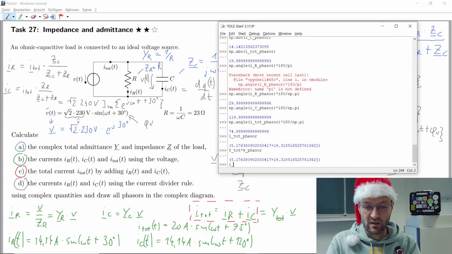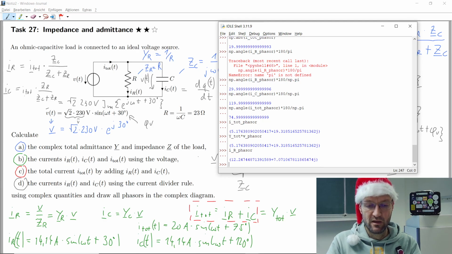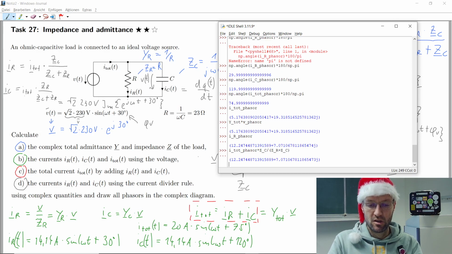So the IR phasor current looked like this. Now if I take the total current phasor, multiply it with ZC divided by the sum of ZR plus ZC, we get the very same value, which nicely works.